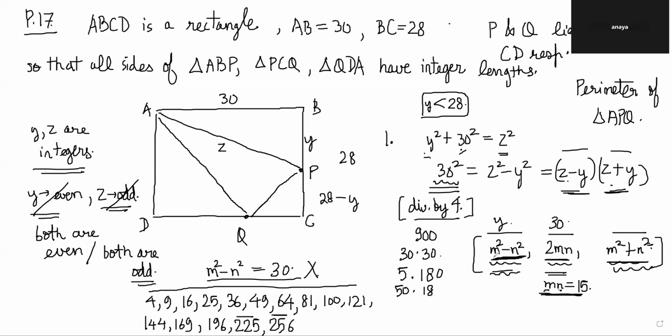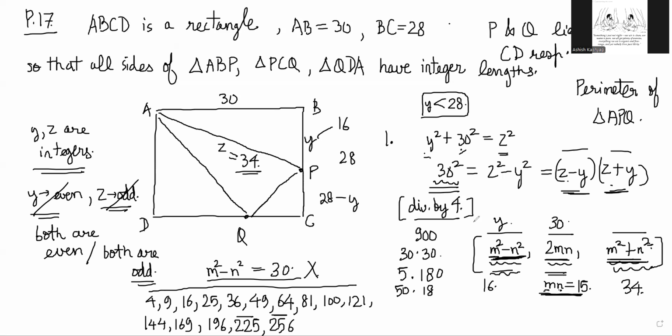So you will get here 25 minus 9, so 16, and this side you'll get 25 plus 9, so 34, correct? So we are getting y is 16 and this is 34, integer sides. Do you understand how I have gotten 16 and 34?